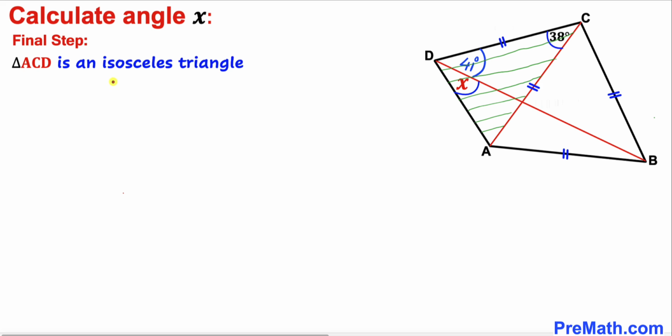And here's our final step. Let's focus on this triangle ACD, and we know that this triangle is an isosceles triangle since this side length is equal to this side length. So therefore this angle has got to be equal to this angle, and we know that this angle is 38 degrees.